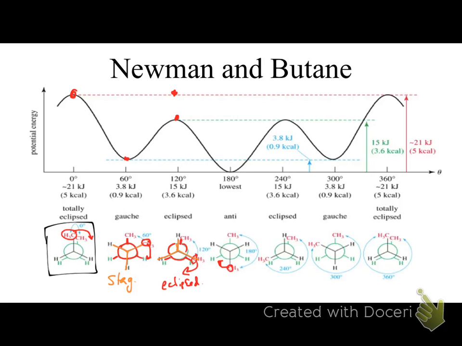It just so happens that our staggered conformation is a different staggered conformation than our lowest energy, and that's why we call it gauche. Okay? Gauche and anti are staggered conformations. They are the exact same thing. All we're looking at is a slightly different energy level, and because it's a different energy level, we give it a new name. Okay? Does that kind of make sense?